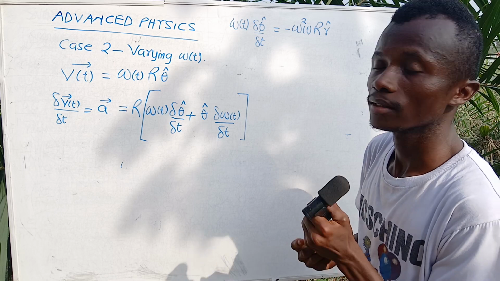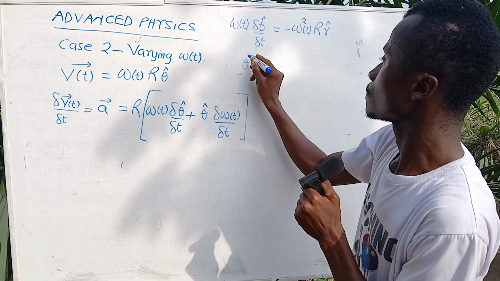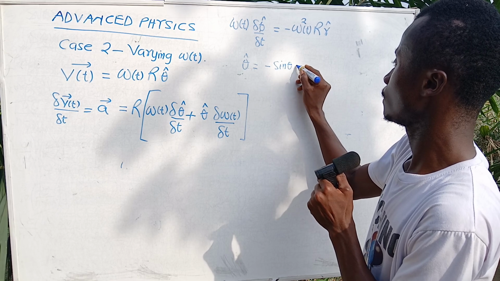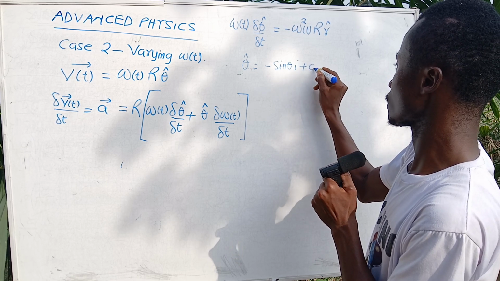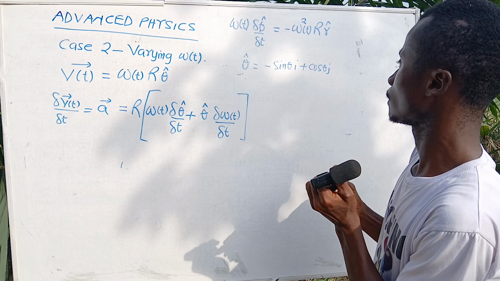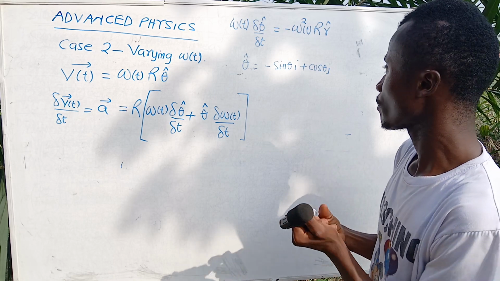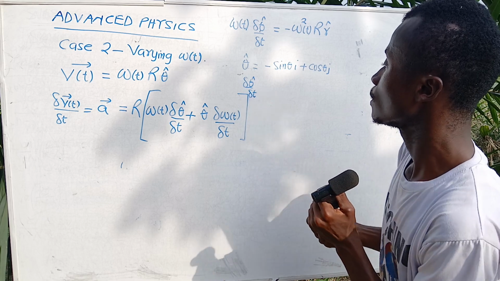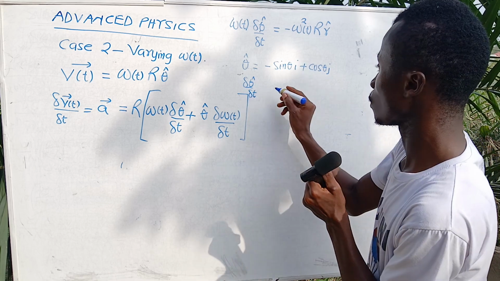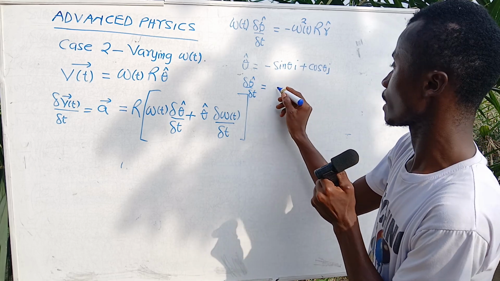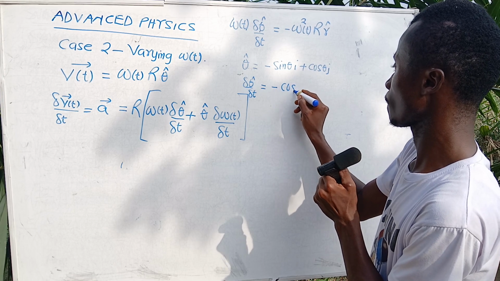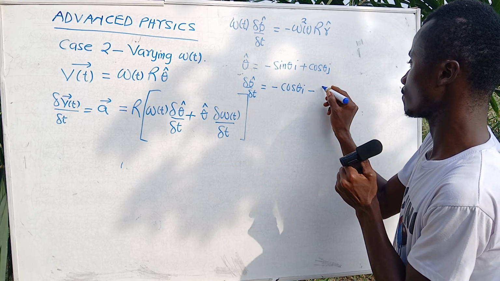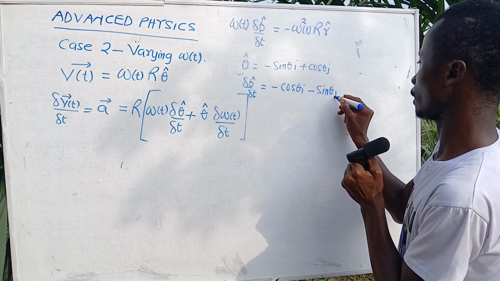Let's prove this. What is theta roof? Theta roof is negative sine theta i plus cos theta j. So the derivative of theta roof, d theta roof dt, is equal to: derivative of sine theta is negative cos theta i, derivative of cos theta is negative sine theta j.